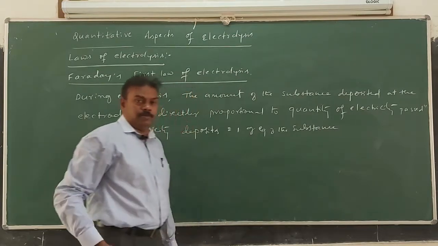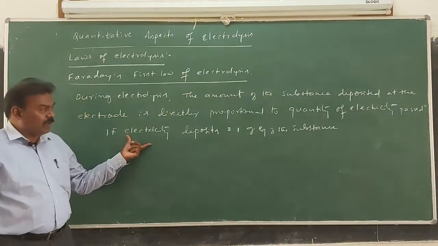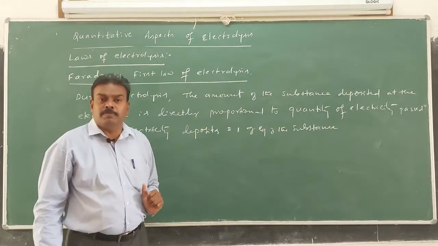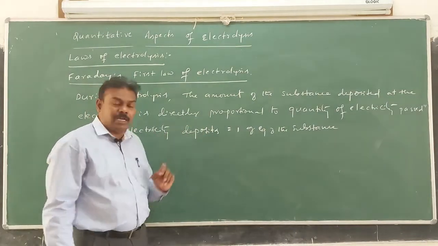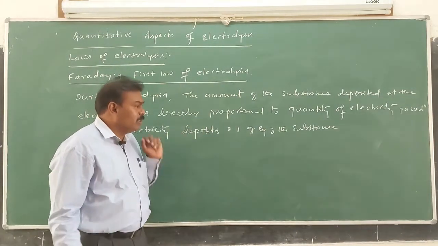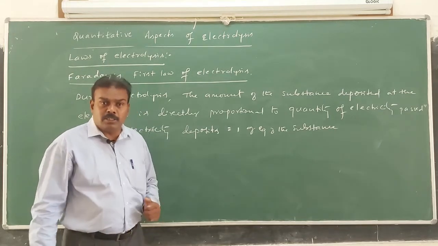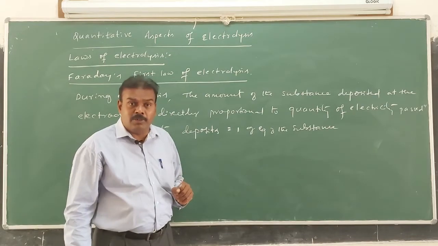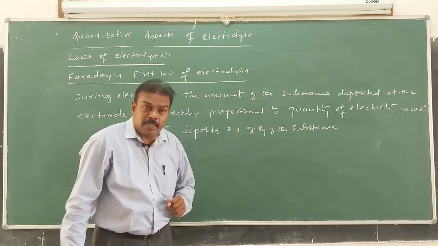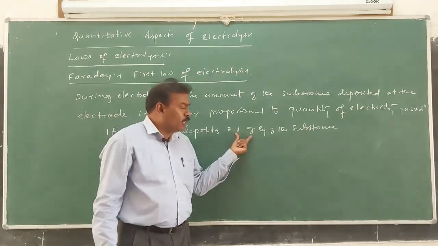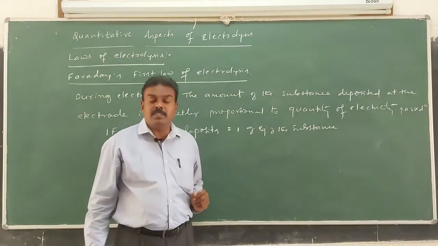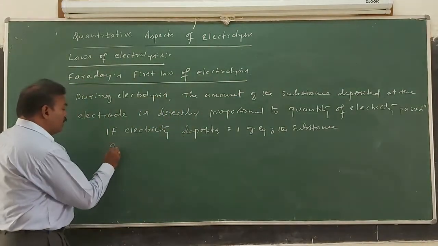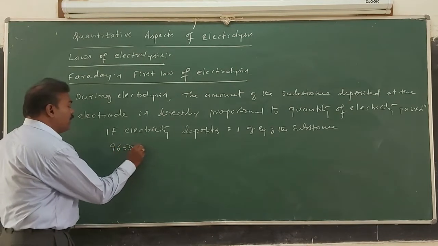1 Faraday of electricity deposits how much, for any substance it may be? If you pass 1 Faraday of electricity through any electrolytic solution, how much substance will be deposited on the electrode? 1 gram equivalent of the substance. 1 Faraday is nothing but 96,500 coulombs only.